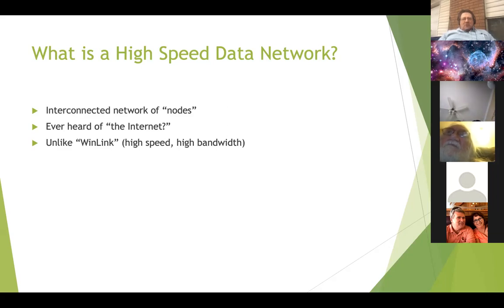If you recall, we were talking about WinLink operating over HF at 300 baud. When we're talking about the high-speed network, we're talking about operating on the order of 140 megabits per second. So significantly higher speed than what you can push over HF. That gives us capabilities that we can't do with WinLink.